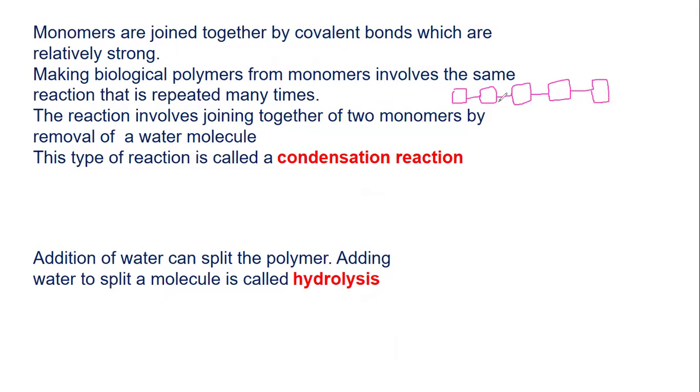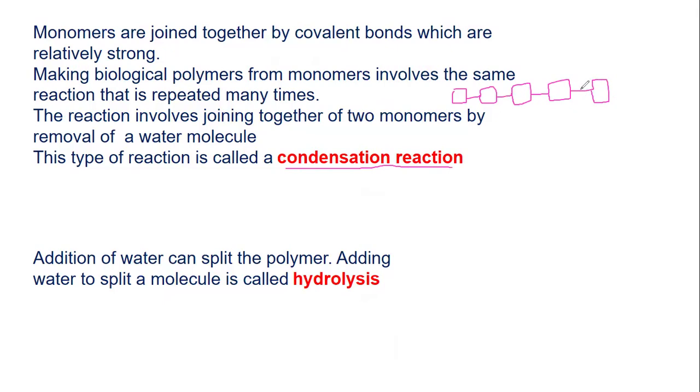Such a type of reaction is called a condensation reaction. And you're going to look at how a condensation reaction occurs. And all the biological molecules you're going to learn about are made up of these monomers joined together, but they are joined using bonds. And you're going to look at examples of the bonds in the different polymers.